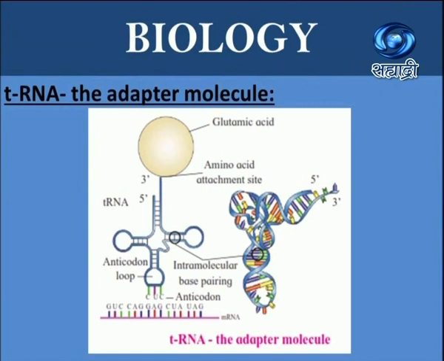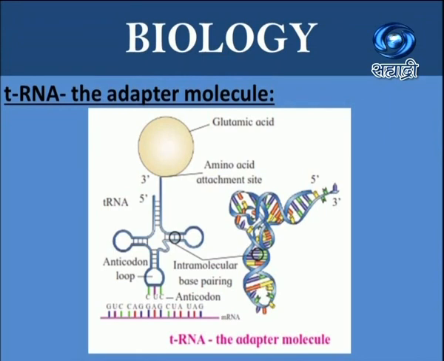See, the arm at the 3' end I mentioned is related to the attachment of any amino acid, according to the anticodon which is present here, which is able to read the codon language. That's why I showed the glutamic acid at the 3' end.